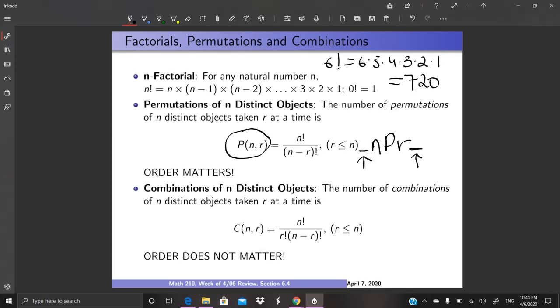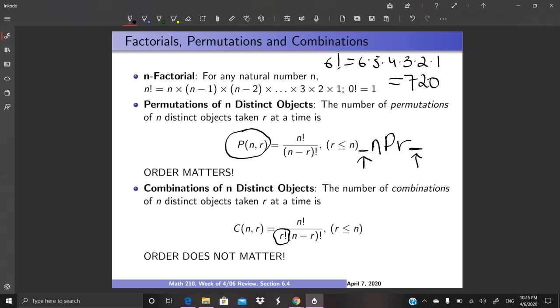The difference between combinations and permutations is that for permutations, the order matters, but for combinations, the order does not, which is why you have that extra factor of r factorial, because you need to take care of the number of ways that we can rearrange those r objects. If the order doesn't matter, then we have to take care of that.